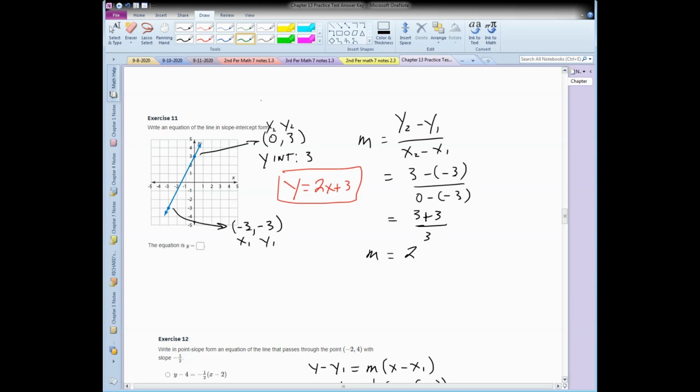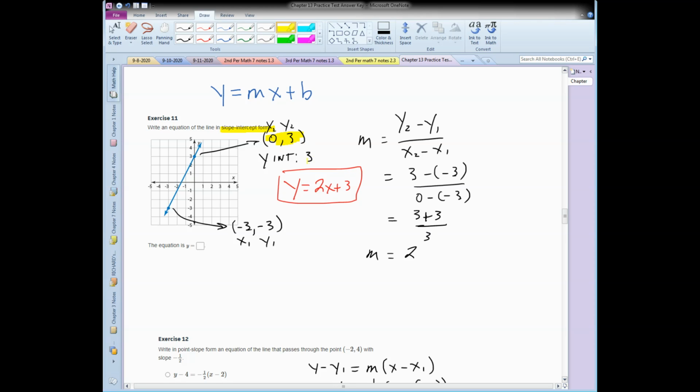So number 11, write the equation in slope-intercept form, which remember is y equals m times x, the slope times x plus b, the y-intercept. All right, well, what do I have to do? I have 2 points. They're already labeled. I have this one, and guess what?